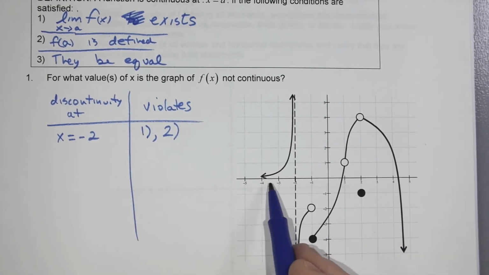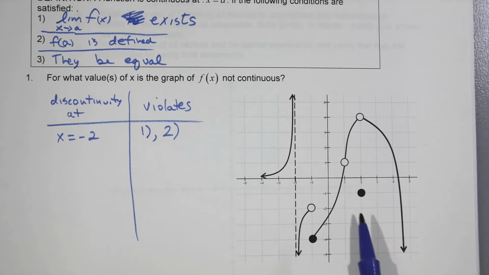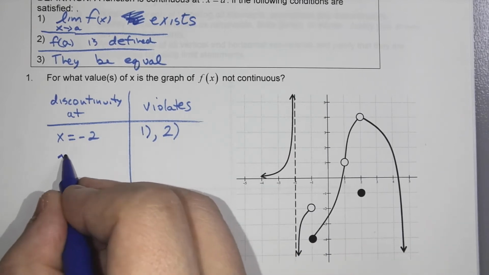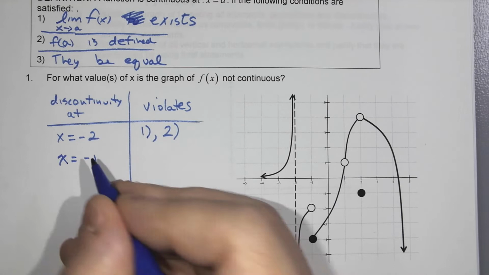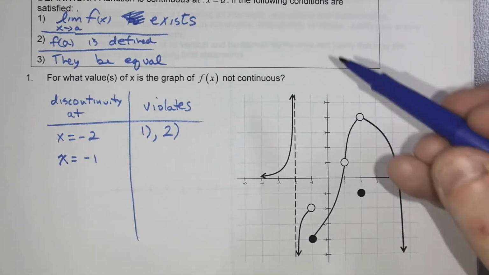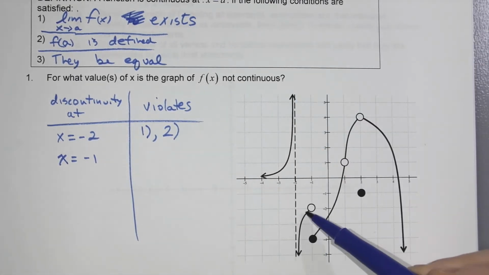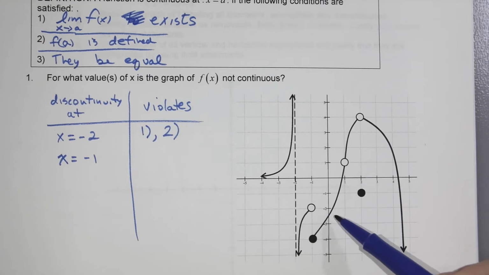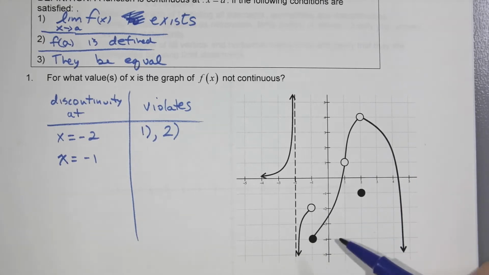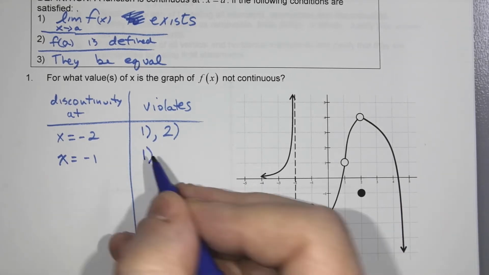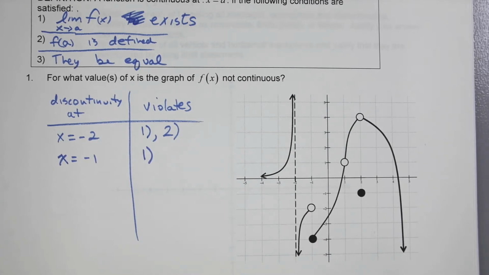The next discontinuity point, pencil lifts off the paper right here. That's x equals -1, and the limit from the left is -2, and the limit from the right is -4. So this violates condition 1. The limit doesn't even exist.